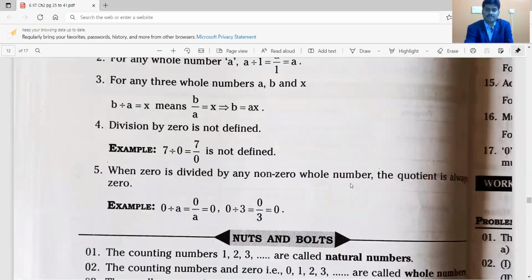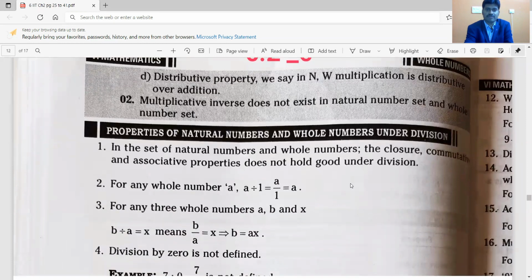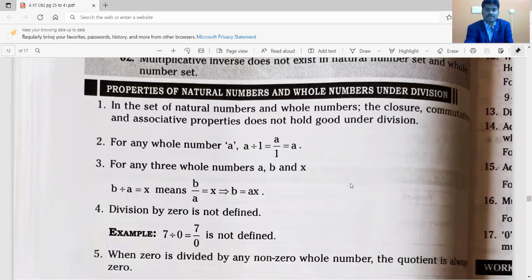Let us see some more of what we have discussed here. For any whole number, A divided by 1 is equal to A. And A divided by 0 is not defined.